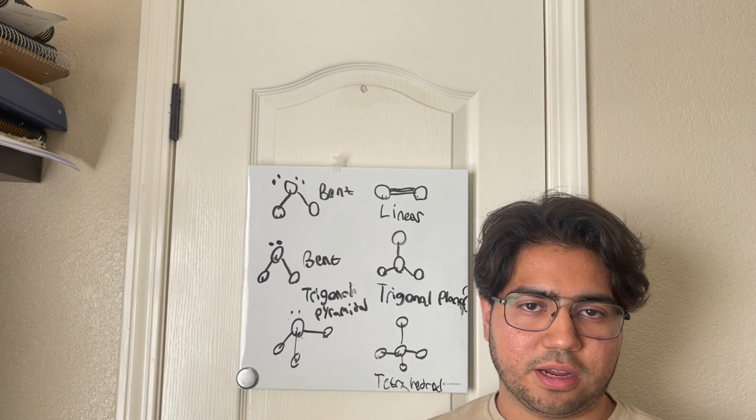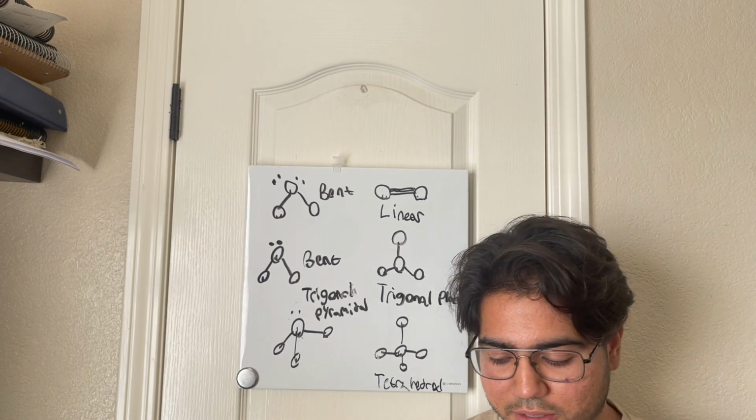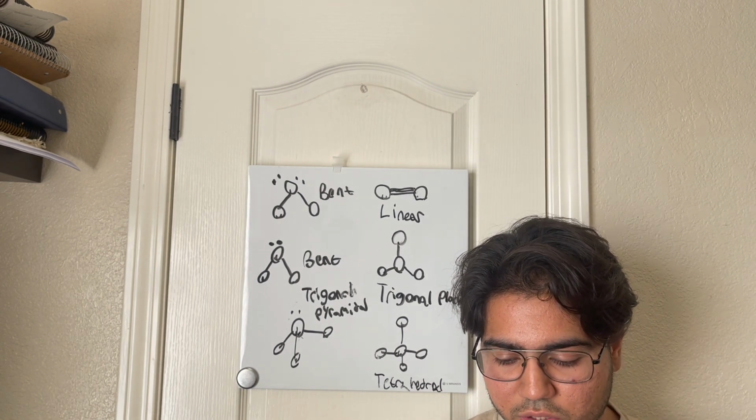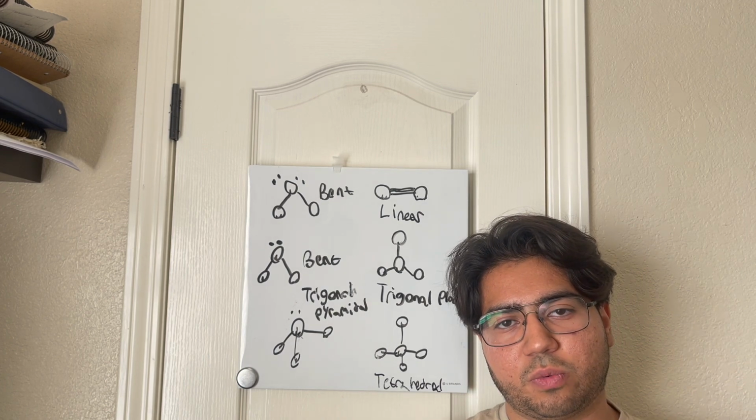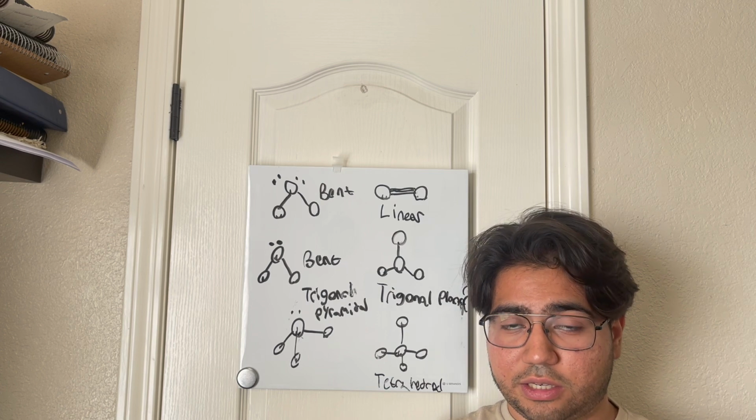Now you might be thinking, okay, I just have to learn this for this module and then I'm good, right? But this is going to come back in future modules when we talk about polarization.